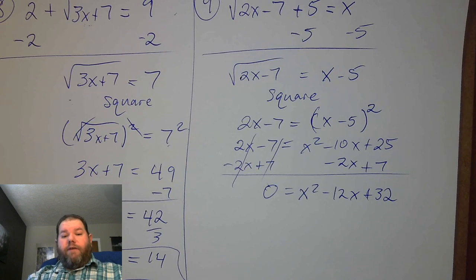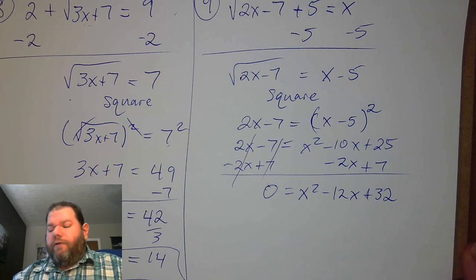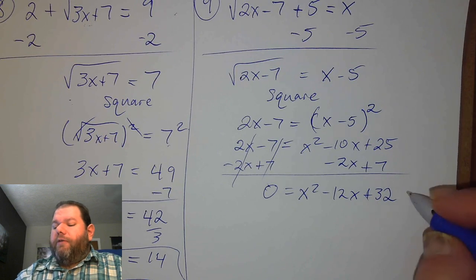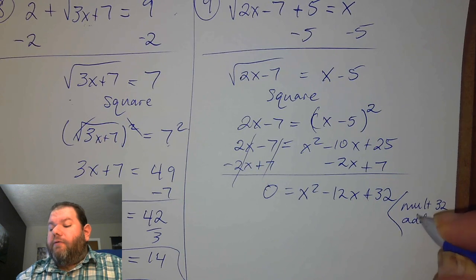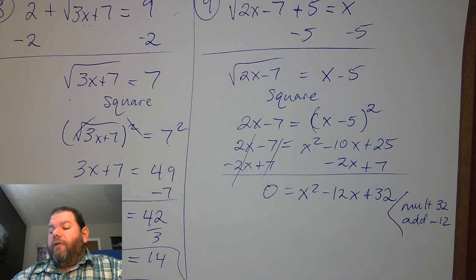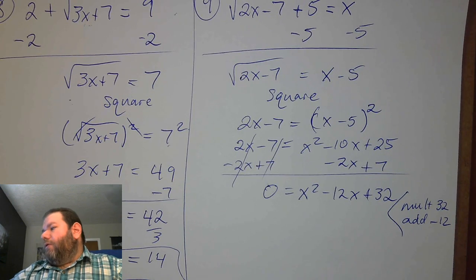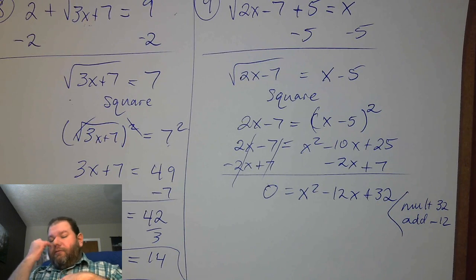Now we can go ahead and factor and solve, and we'll still need to check afterwards, but let's get it solved for it first. So think of what multiplies to 32 and adds to negative 12. What would that be?